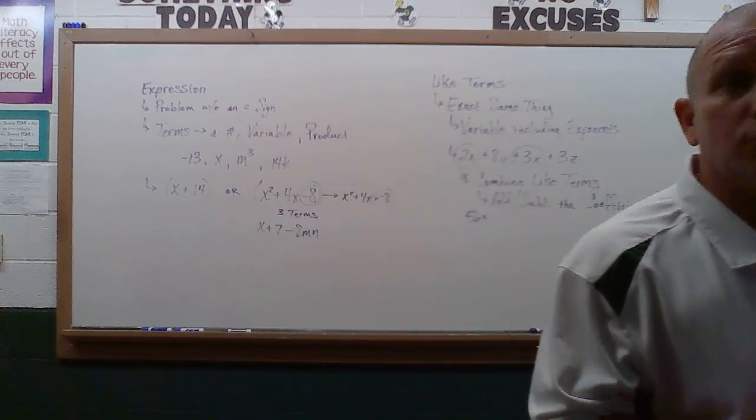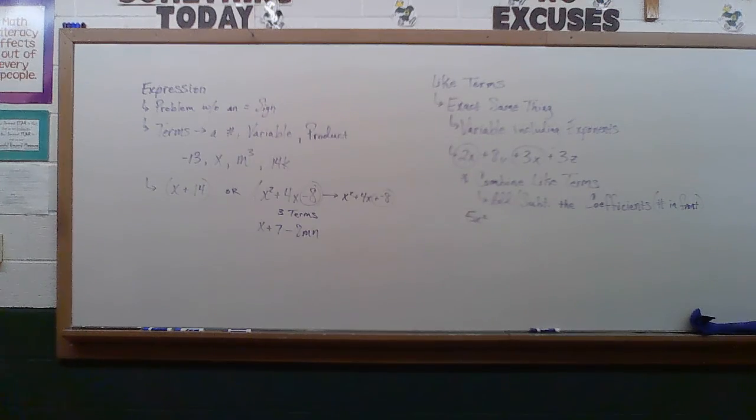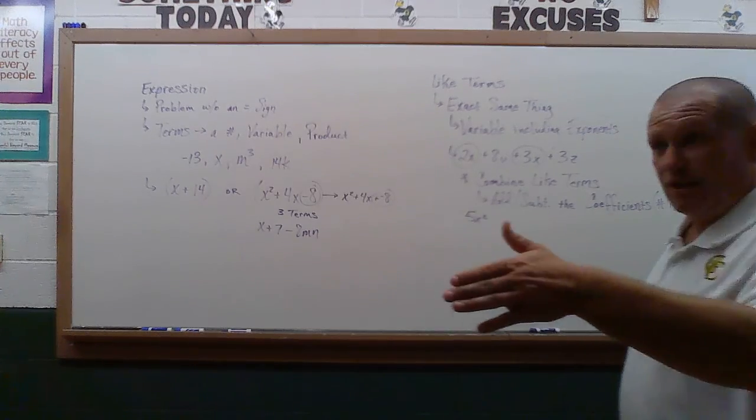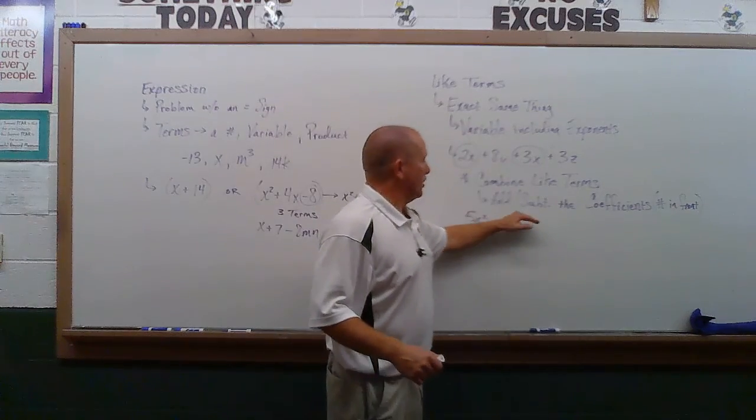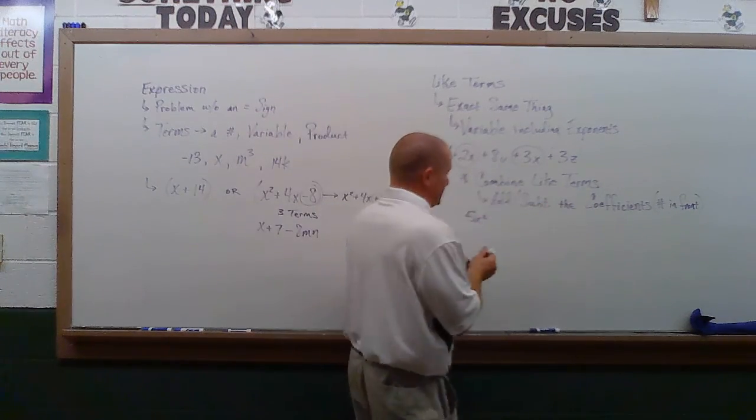So if I have apples and I add more apples, how do I get a different kind of apple? You change the variable. Now you're going to totally throw out the x? No, you keep the x, but you can't get something different. Okay. So what I'm getting at here is we're adding and subtracting the coefficients.